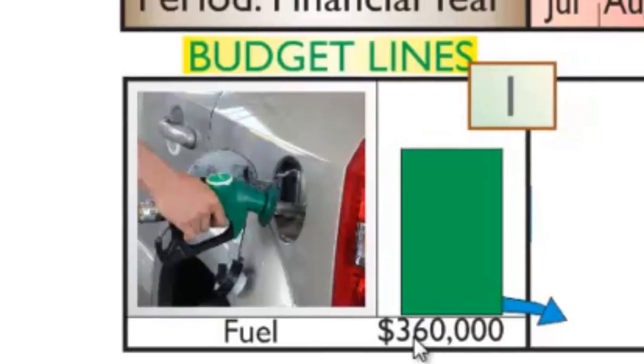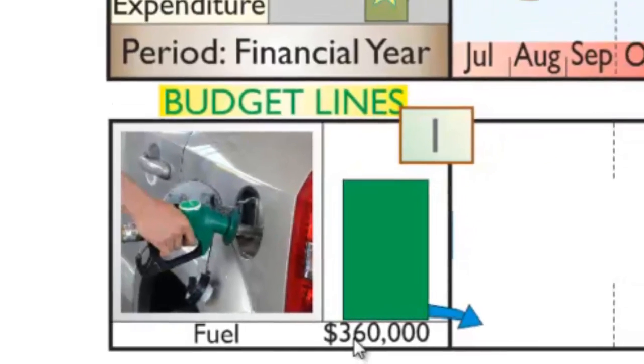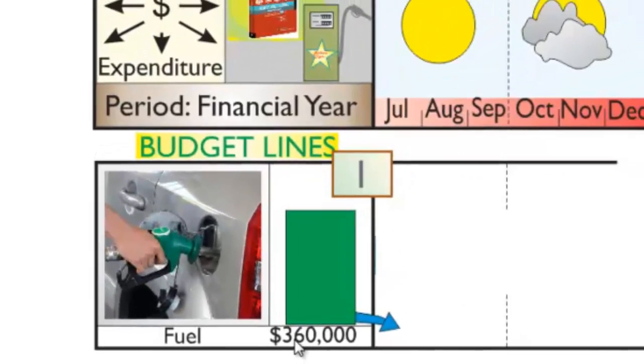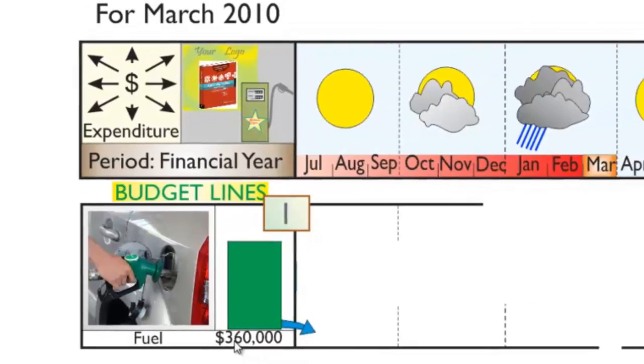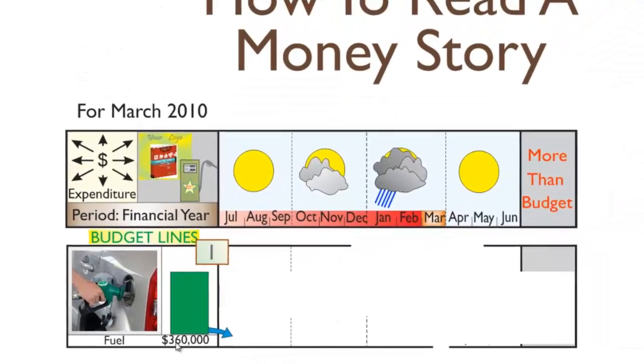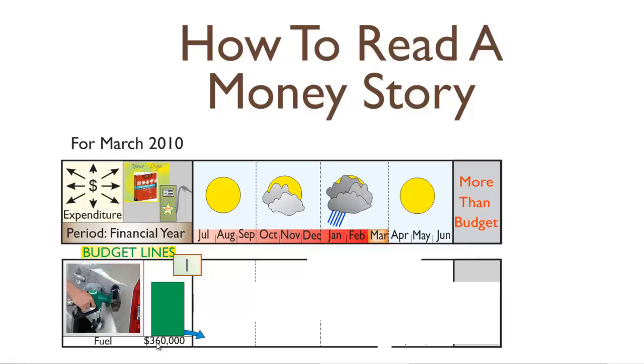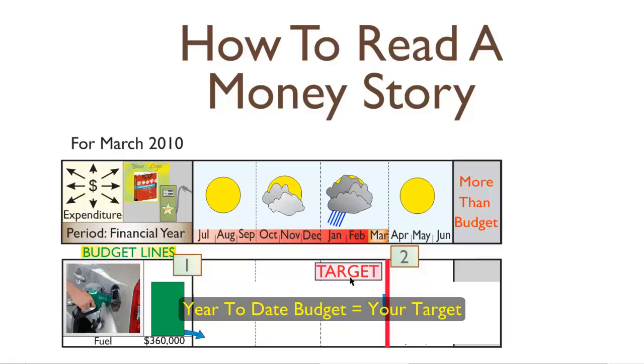So the next step is to say, well, what is our target? And we're talking about recurrent or ongoing expenditure, like wages or use of fuel, things that you use in your operations, recurrent or operational spending. And the first thing we must do is have a target. And here we have the target. So the target in accounting language is your year-to-date budget.